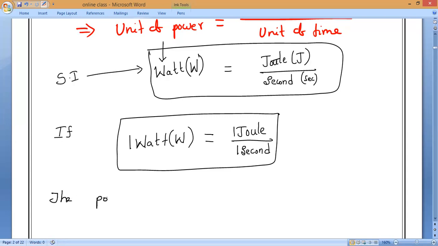So please write. The power of a body is said to be 1 watt if it does how much work, Arun?